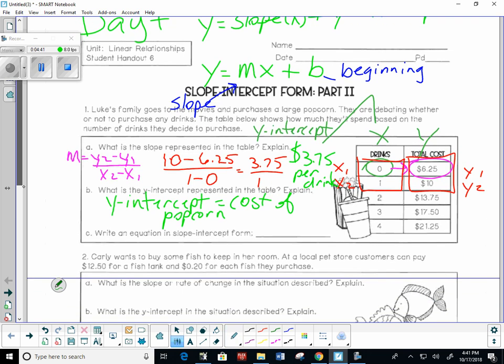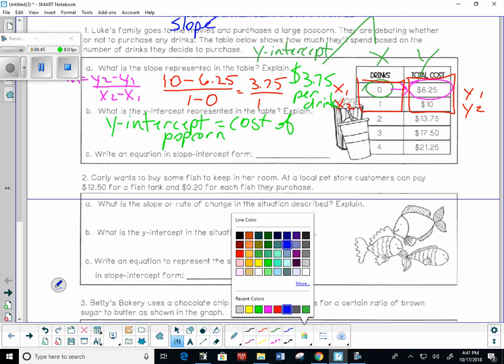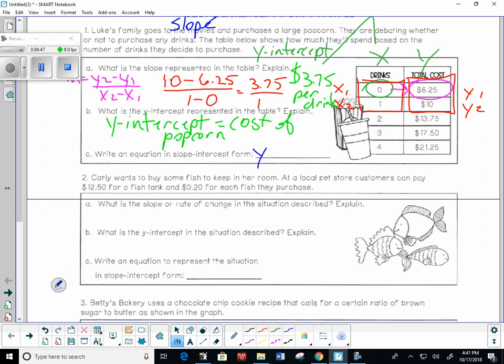Okay, so in our slope-intercept form then, we're going to write that our output, that's the total cost. Total cost is the output. y is our output, equals $3.75 per drink they buy, plus our bag of popcorn. y equals 3.75 times x plus 6.25.